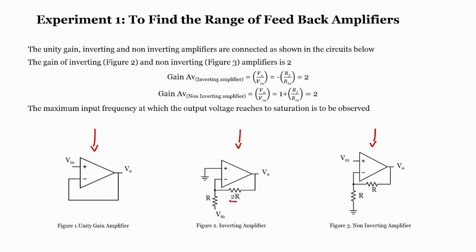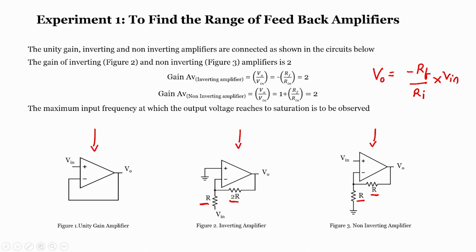See, this is 2R, this is R. Here it is R and R. Still we are saying that the gain of the inverting and non-inverting amplifier is the same, because we already know that the output voltage VO equals minus RF, which is the feedback resistance, divided by the input resistance R in, times V in.